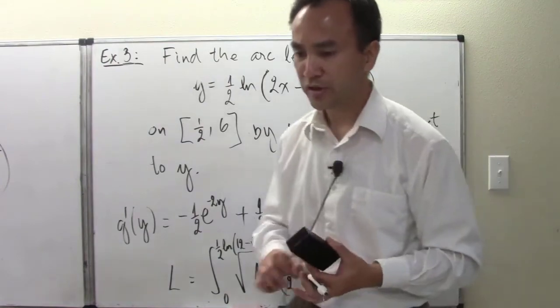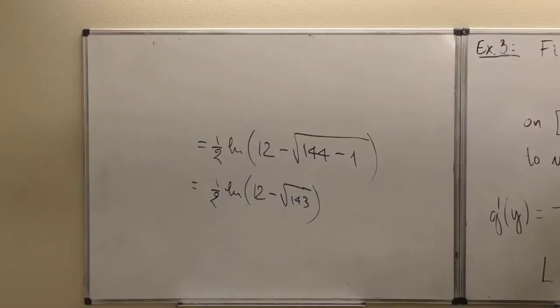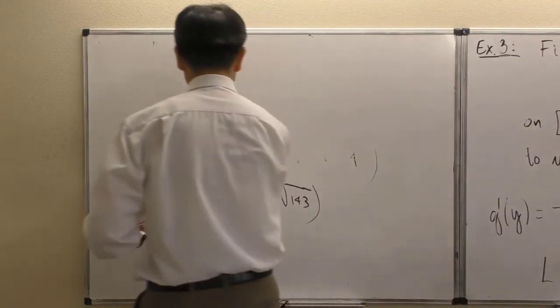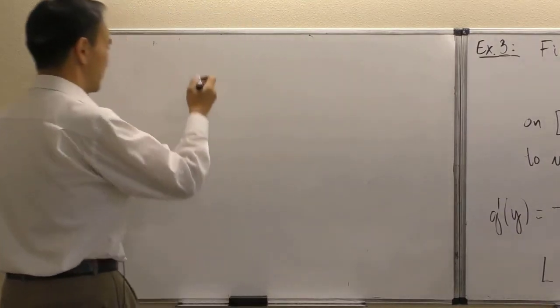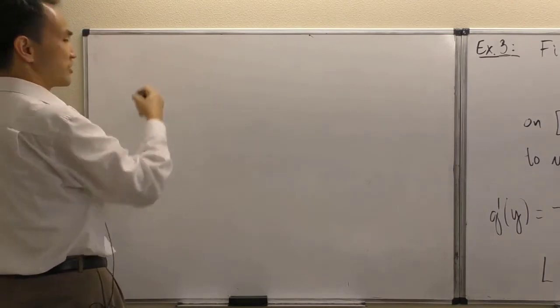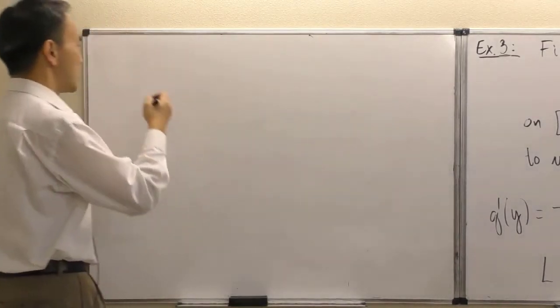Now I'm going to take the next board space to evaluate the integral. According to the problem, once this integral is set up, we can evaluate it all the way to the end.